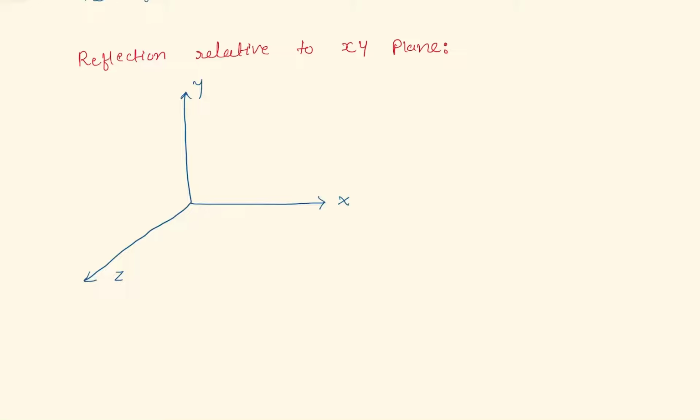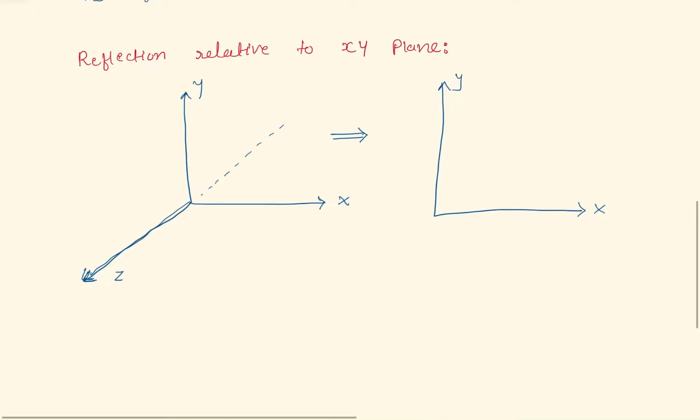Suppose I have to reflect this z to the xy plane, right? This is our x and y coordinate, and this z is supposed to be reflected like this, right? So this z will be here.